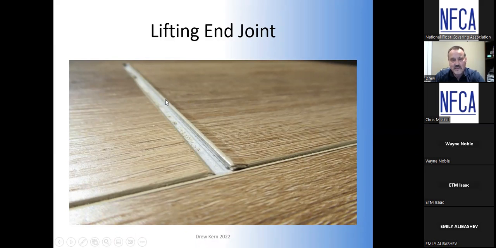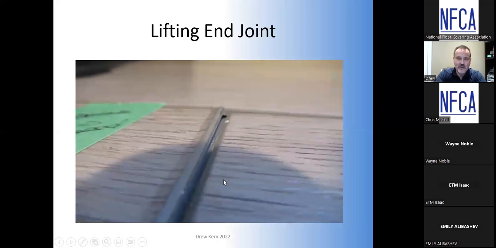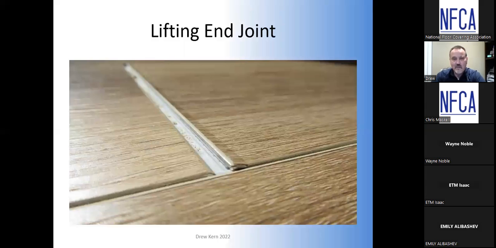So we have this, which is barely even gapping, and it's broken, but we have one here that is gapping because this plank is sliding back, is moving because of subfloor, because of pinch points, and this joint is riding up and over the groove.